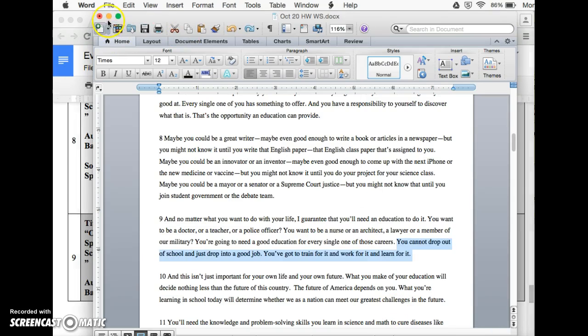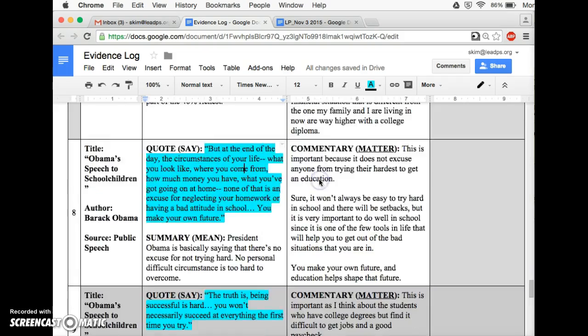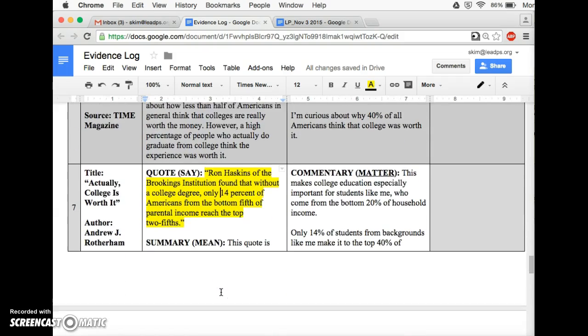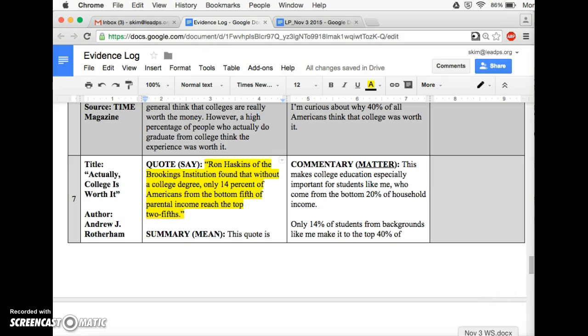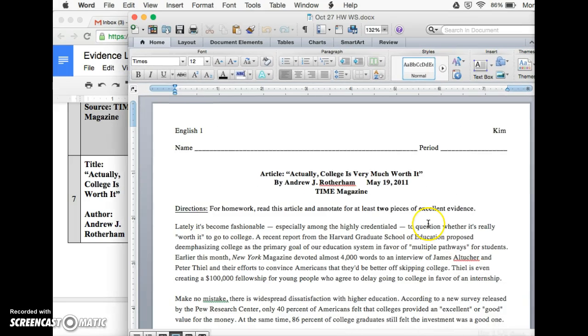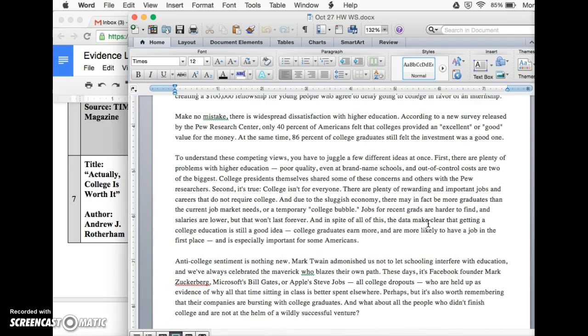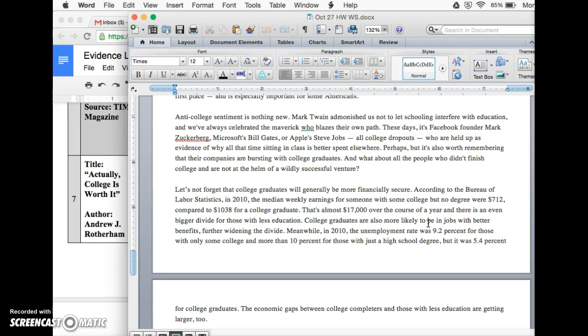I'm also going to think, is there more powerful information about the financial benefits of going to college? Should I look again? I remember reading something in the Rotherham article about the financial differences between college and non-college grads. There it is right here.